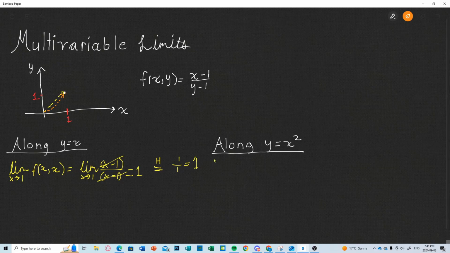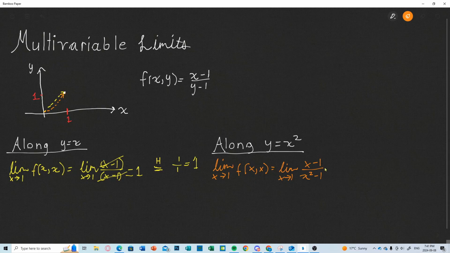We're going to do the exact same thing and replace y with x squared. So we have the limit as x approaches 1, because we're still going to the point (1, 1), of f of x and x squared, which is the limit as x approaches 1 of (x minus 1) divided by (x squared minus 1).